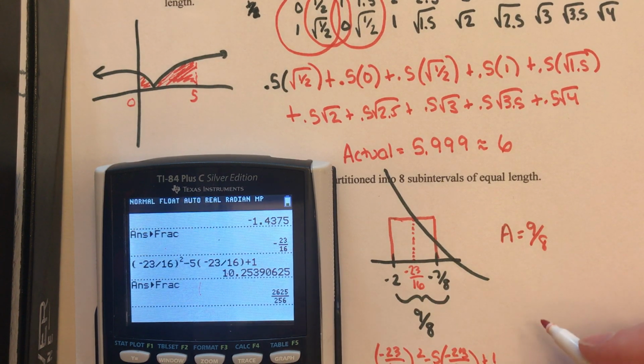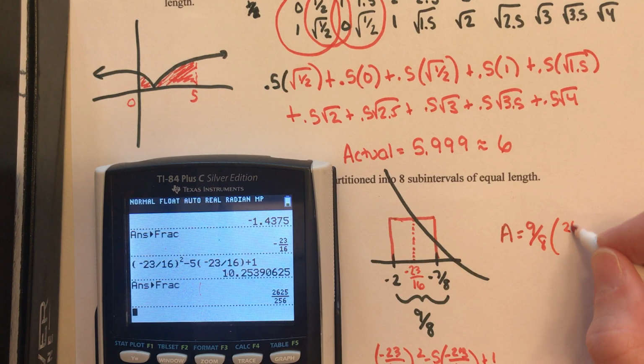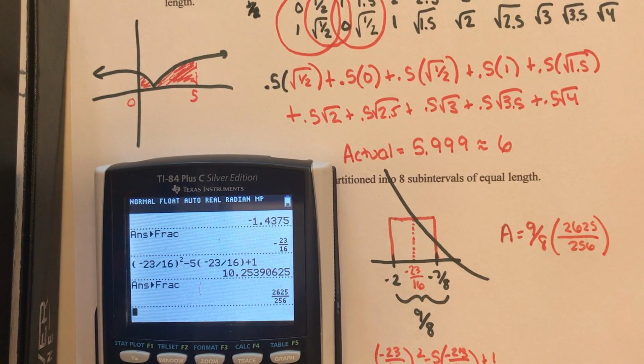Ooh, my height, something crazy. So my height is 2,625 over 256.